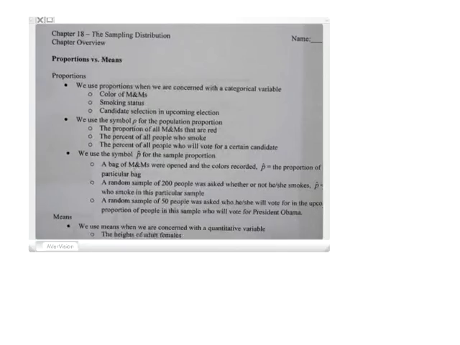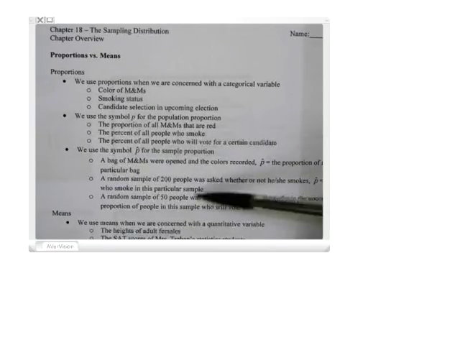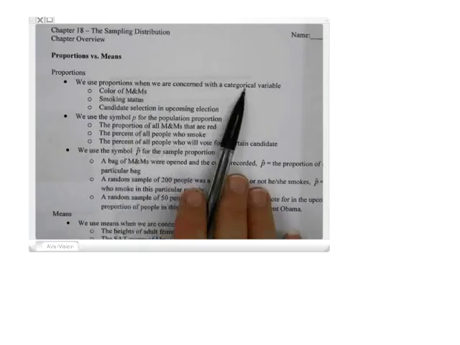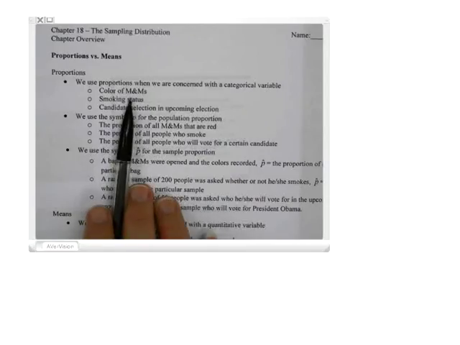So here you see a bunch of information on proportions. The whole first part of the chapter is proportions, and then the second part of the chapter is for means. Proportions are what we talk about when we're doing a categorical variable, like the color of M&Ms. It's the binomial model.